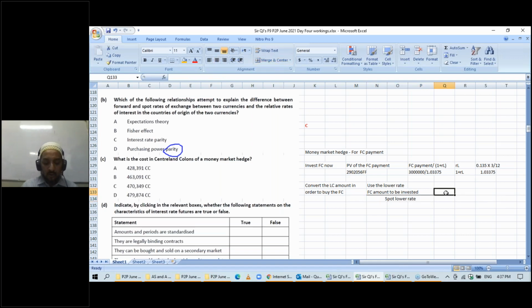Okay. So dividing 2,902,056 by the spot rate, which is 6.170, the lower spot rate. This gives you the amount of local currency which you will need to buy the foreign currency, which is colons equal to 470,349.